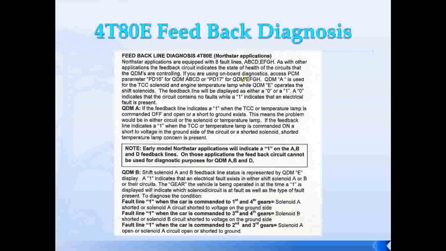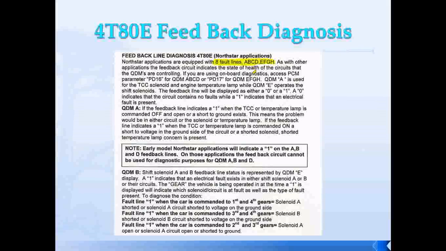Feedback line diagnostics on the 4T80s. There have been some big changes with the 4T80s also. When the 4T80 first came out in the North Star, you had the ability to go in with your onboard diagnostics and check the feedback lines. There were actually 8 fault lines built into the onboard diagnostics.